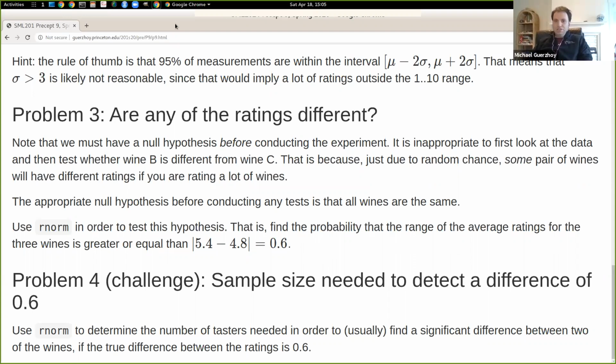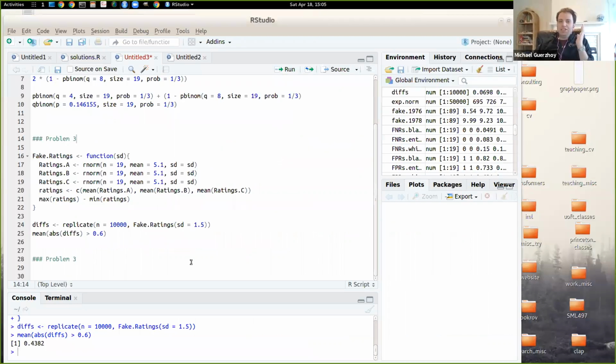So let's now do problem 4. That's the sample size that's needed to detect a difference of 0.6, right? What we see here is that if you just have 19 tasters, you would expect a range of 0.6 like all the time. So one question that arises is, let's say that genuinely the difference is 0.6.